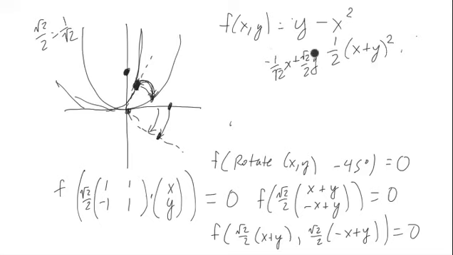Subtracting this, right? This was x squared right there, and this is what we get for y. I said I was using 1 over root 2, so I'd better be consistent here. So something like this is set equal to 0. All right, so that's the equation of the rotated parabola.